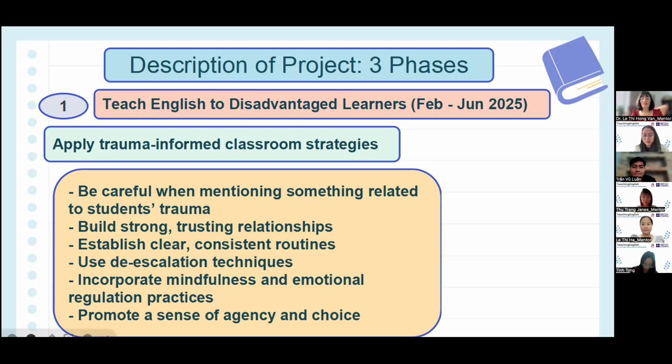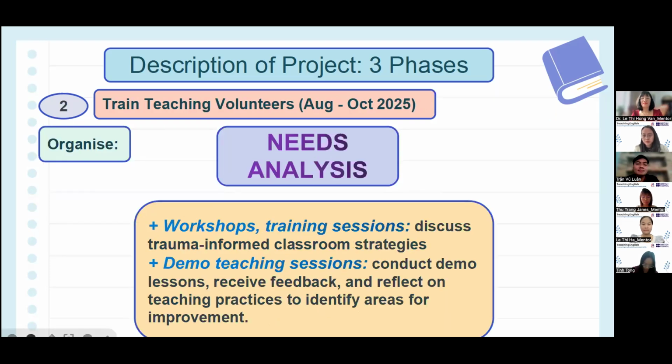Now let's move on to phase number 2. Train teaching volunteers from August to October 2025. Before I conduct the workshops or training sessions, I will conduct the needs analysis. I will collect data from the teaching volunteers and the students to know more about them.